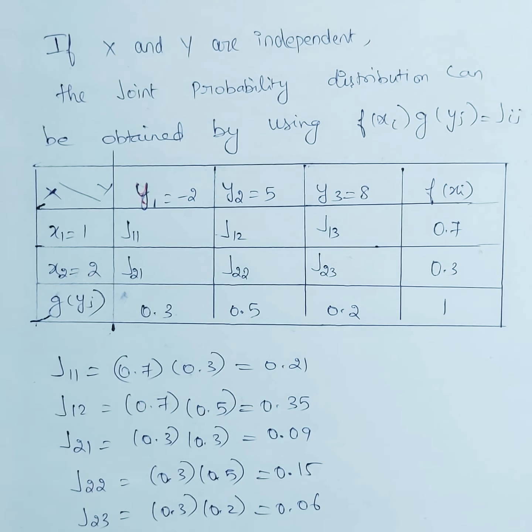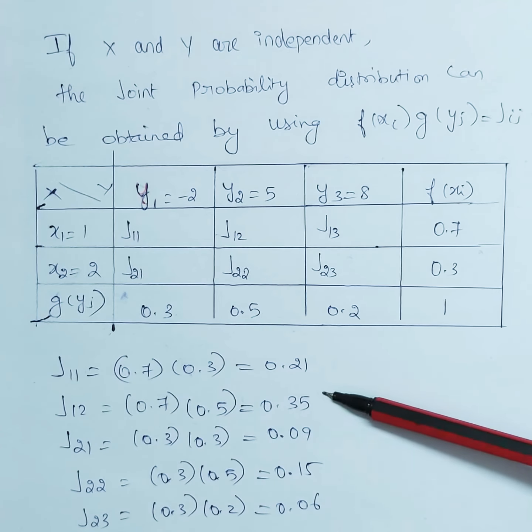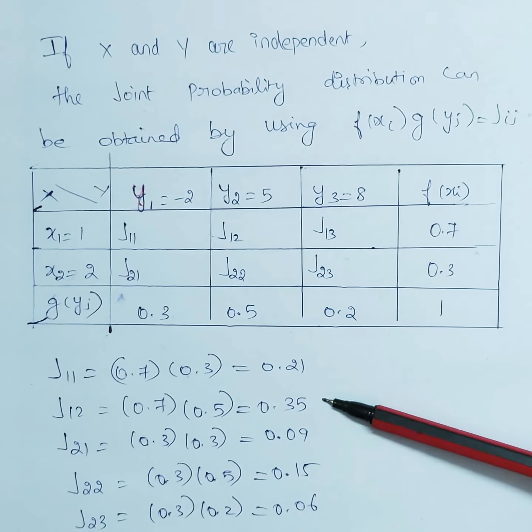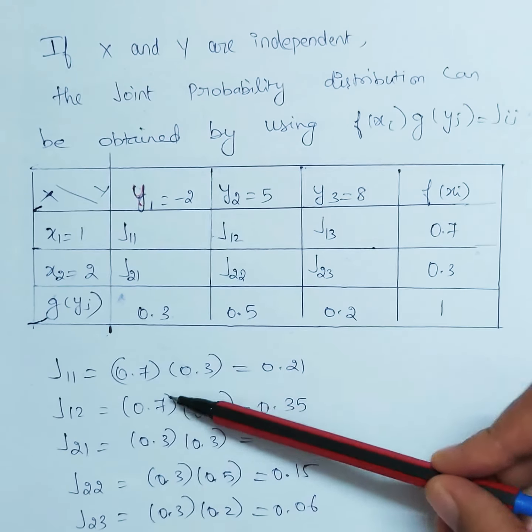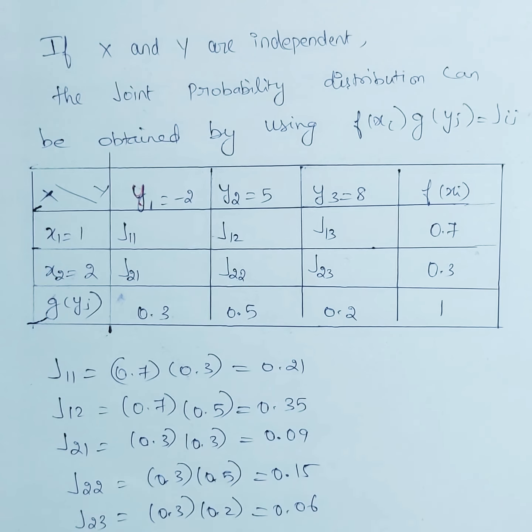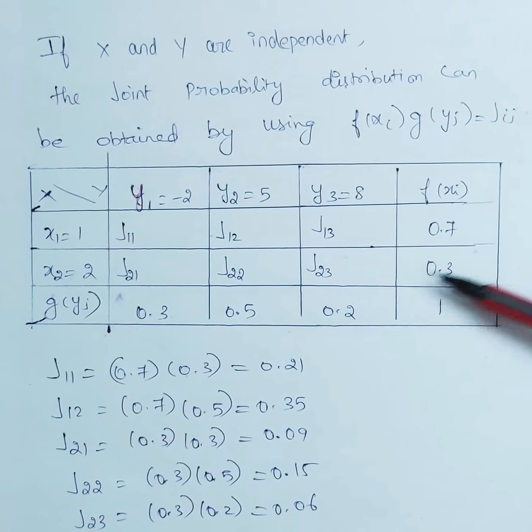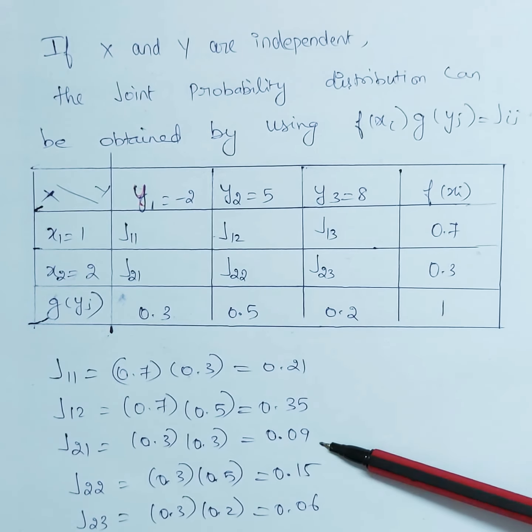What is the next one? 0.7 into 0.5. This is the next value. Okay. So this is J12. 1 is fixed here. That is why 0.7 I am taking. Next one is J21. What is the second value? 0.3. So 0.3 into 0.3 is 0.09.